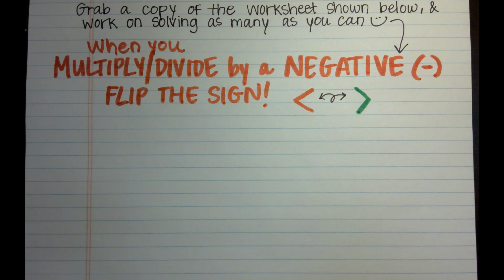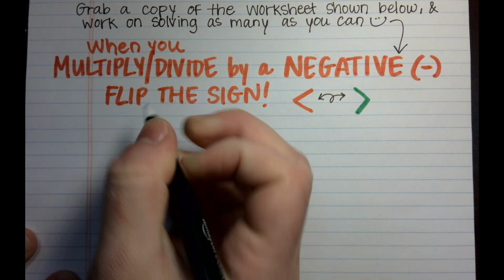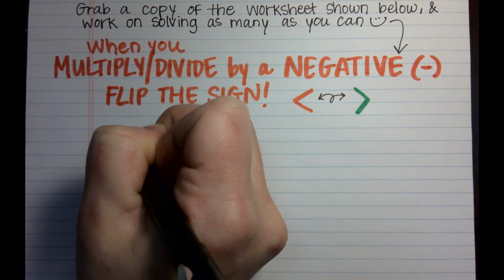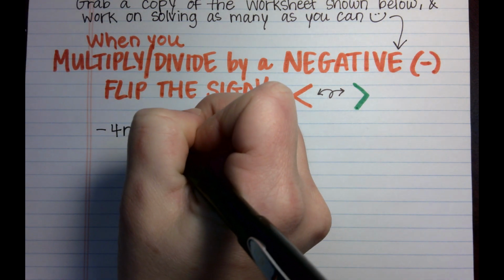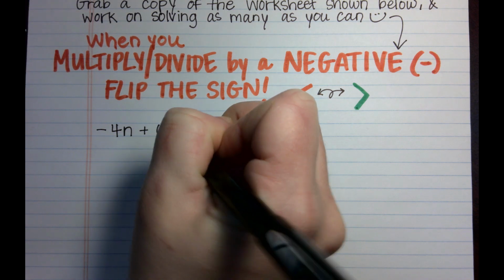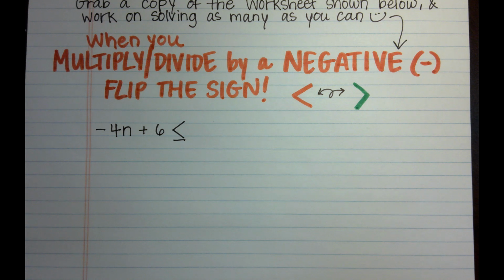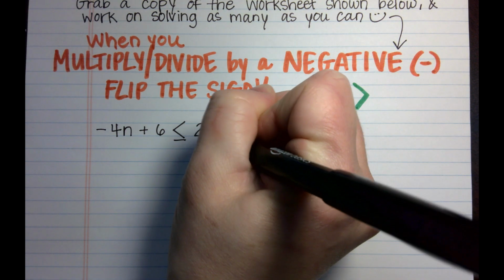Let's do negative 4n plus 6 is less than or equal to 26.